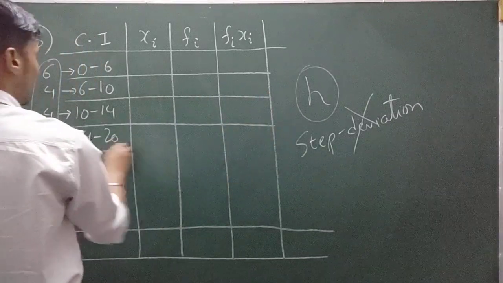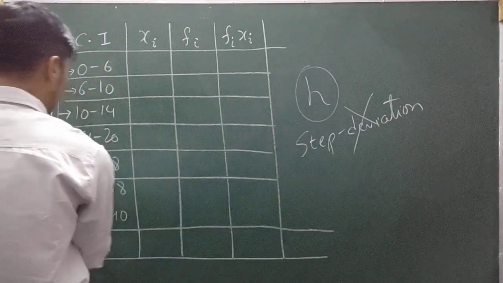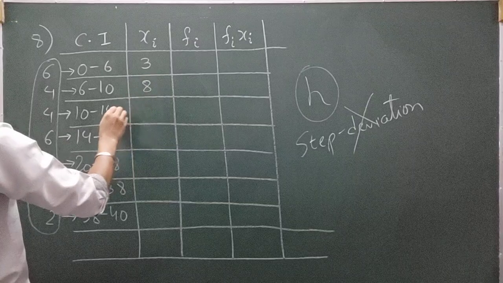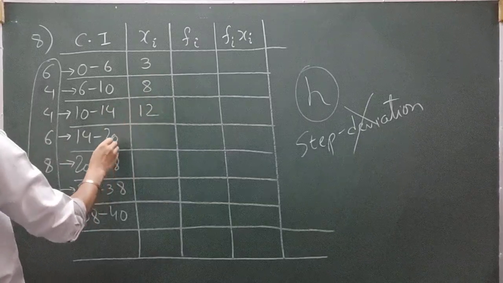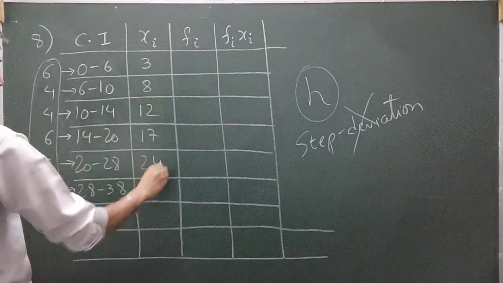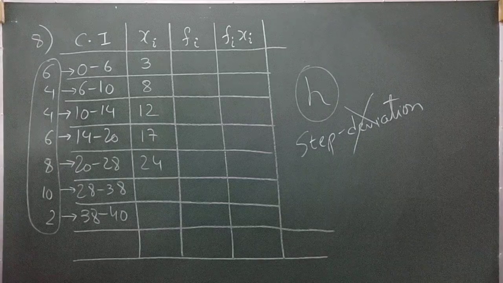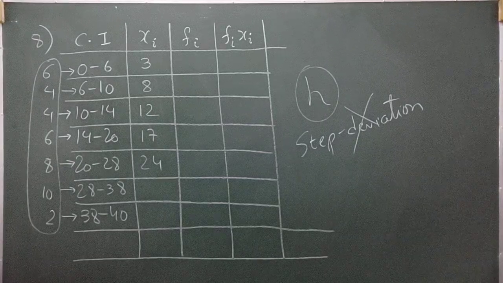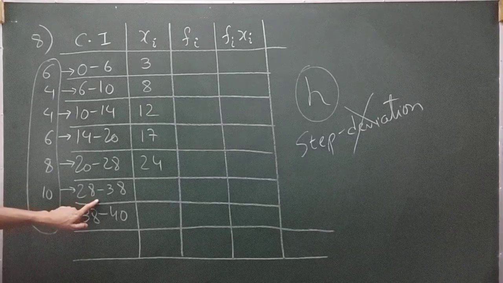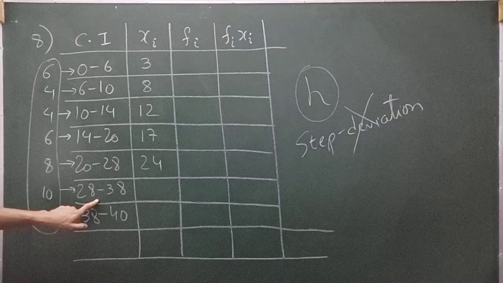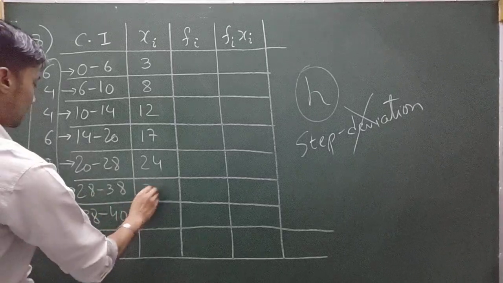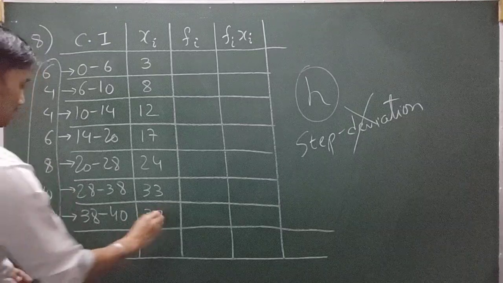So let's find out the middle values. 0 to 6, that's 3. 10 plus 6, 16 divided by 2, 8. 10 plus 14, 24 divided by 2, 12. 14 plus 20, 34 divided by 2, 17. 20 plus 28, 48 divided by 2, 24. 28 plus 38, 66 divided by 2, 33. 38 plus 40, 78 divided by 2, 39.